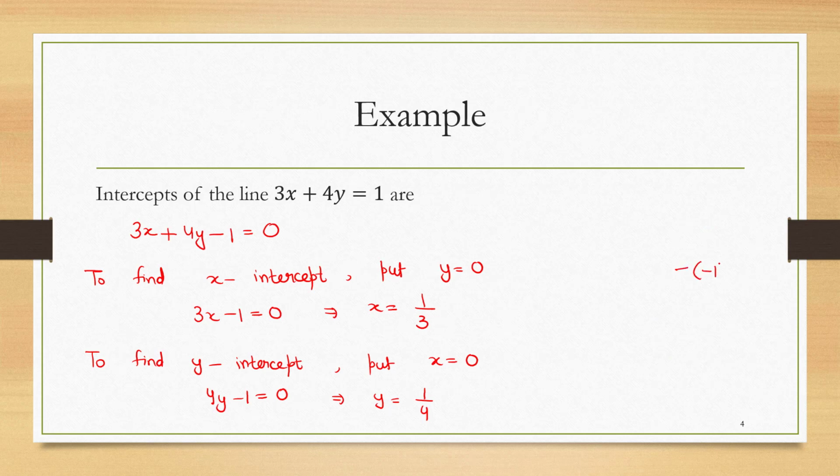Minus c is minus of minus 1, a is 3, so it is 1 by 3. And minus c by b, that is 1 by 4. So you can also use the formulas to write directly, or you can just put y equal to 0 for x-intercept and x equal to 0 for y-intercept.